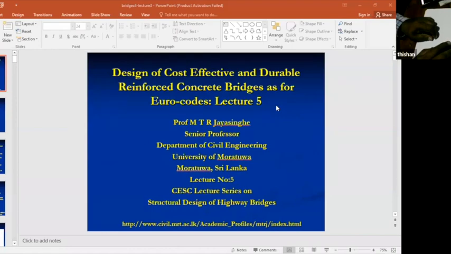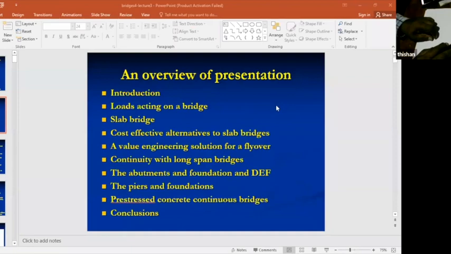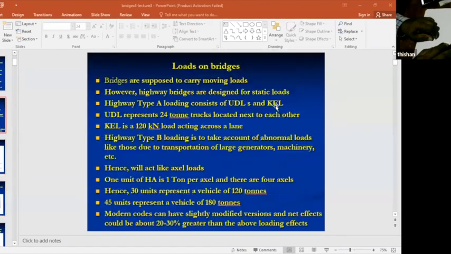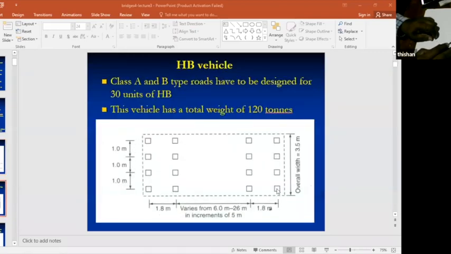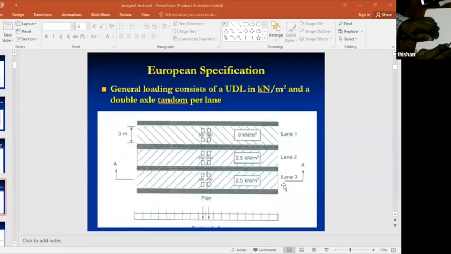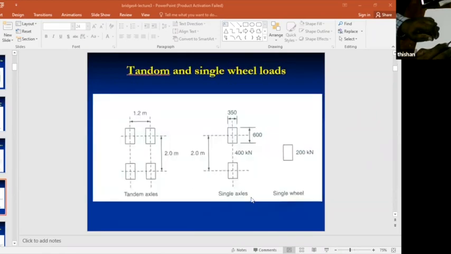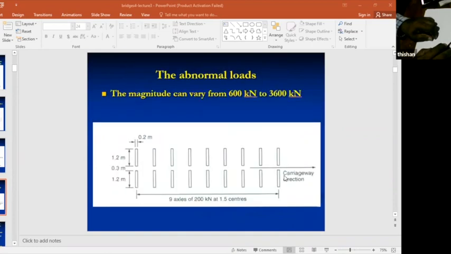So this is the fifth lecture in our series. So far we have discussed briefly the loading, the HB loading, and then the Eurocode specification, and the kind of axles that you can place or single wheel loads, and the abnormal loading, which can actually vary between 600 kilonewtons and 3600 kilonewtons, or 60 tons to 360 tons.